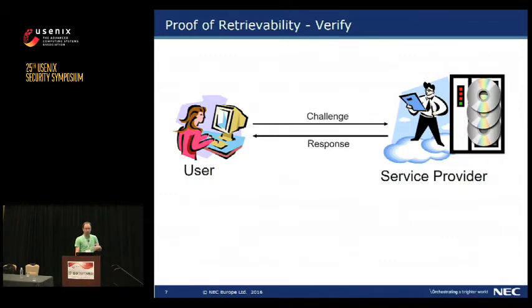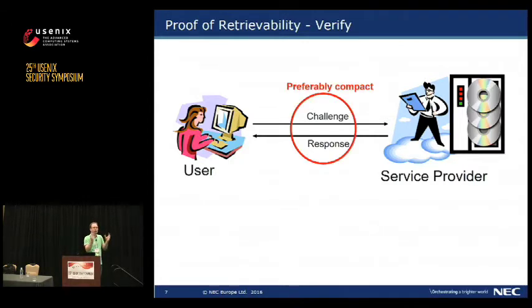Then he can issue a challenge asking for certain blocks. If they are still there, the service provider will sum up those blocks and the according tags. Because it's homomorphic, the service provider can aggregate all of it and send it back, and the user can check that this is indeed a response to his challenge, and that it is a valid response based on his data.